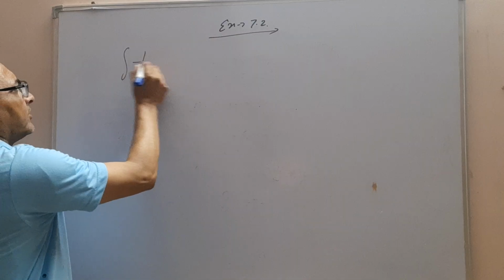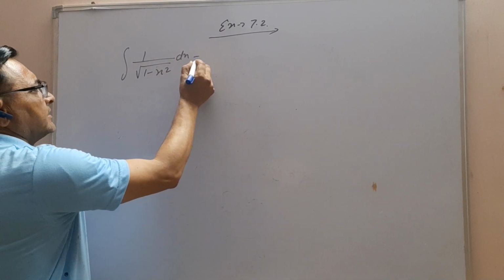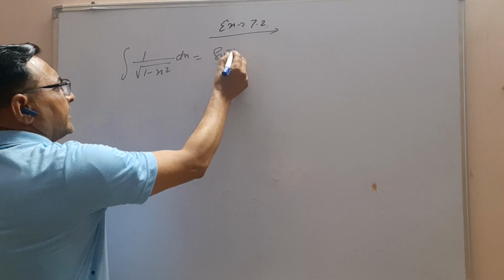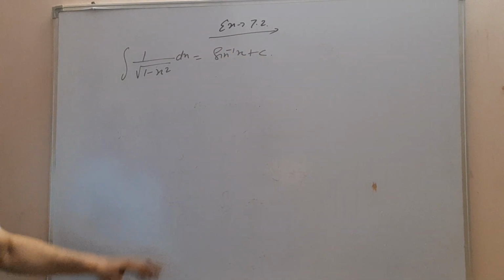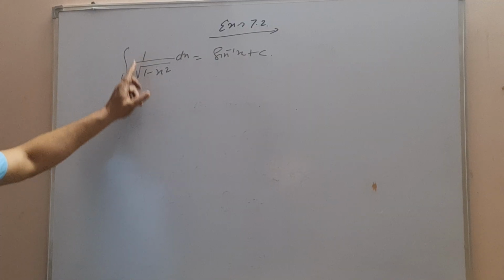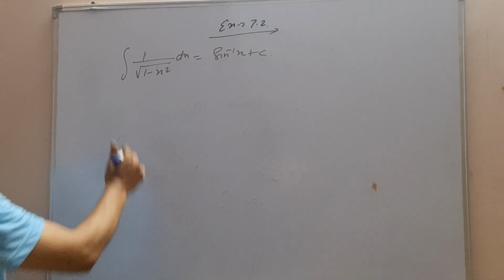That is 1 upon root 1 minus x square into dx is equal to sin inverse x plus c. If the integration will be in this form, 1 upon root 1 minus x square, that is the sin inverse x.